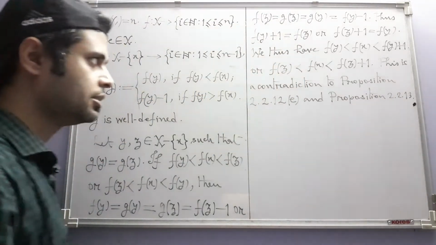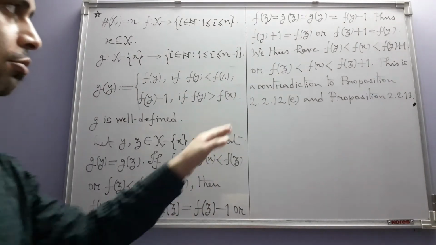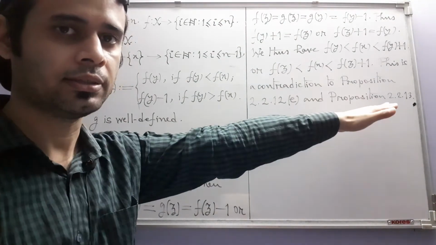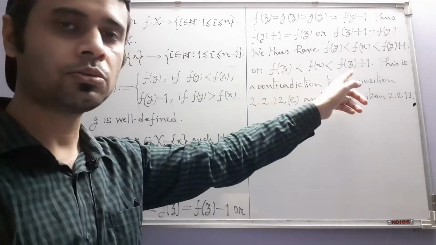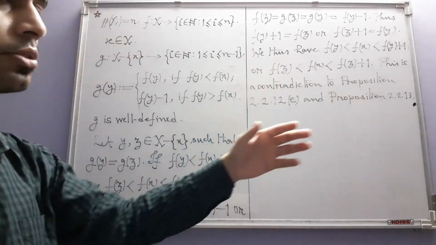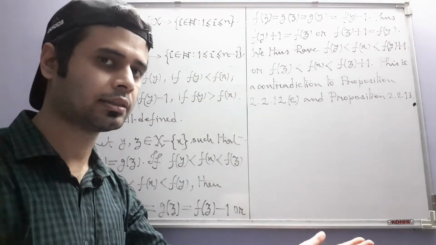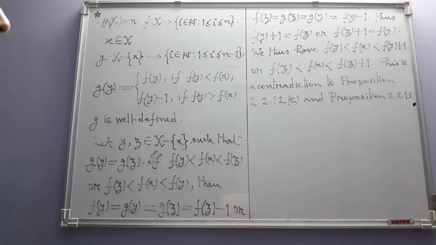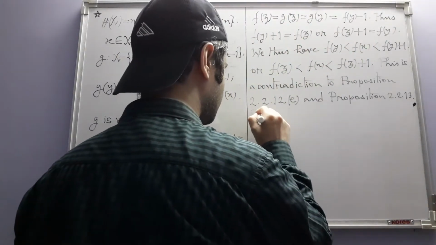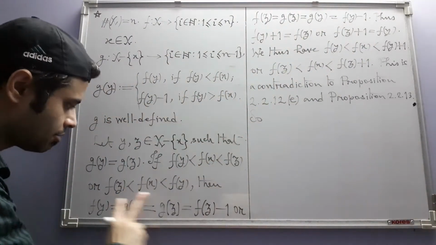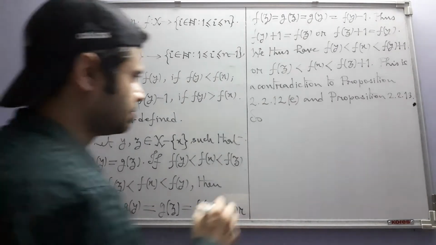If you go back to these results, you will see that if you combine them like this, then that implies that between two natural numbers, one of which is a successor of the other, between them there can be no other natural number in this sense. So none of these inequalities is true.